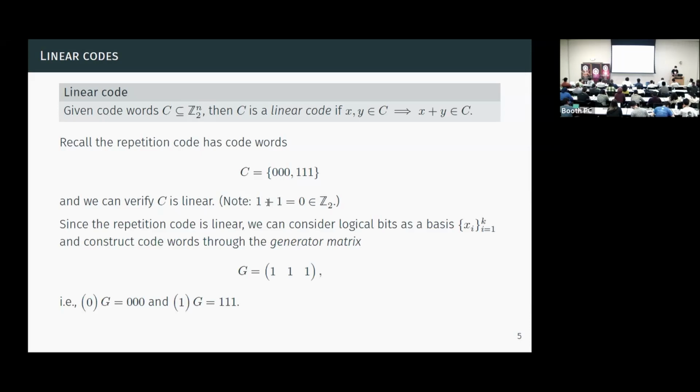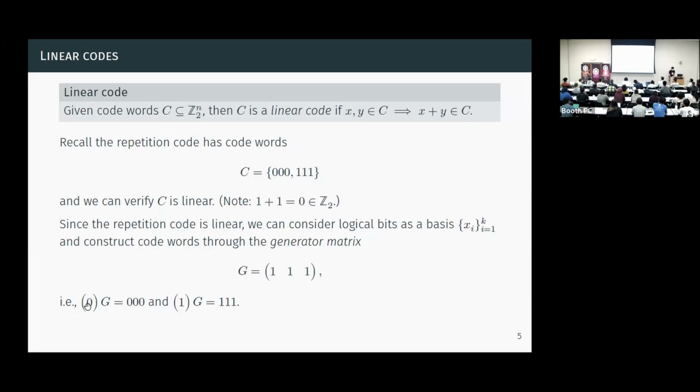Now, since the repetition code is linear, we can consider some set of logical bits as a basis, and construct code words through what is known as the generator matrix. For the repetition code, the generator matrix is just 1, 1, 1. If we have our logical information, then we can encode it by multiplying it with this matrix.